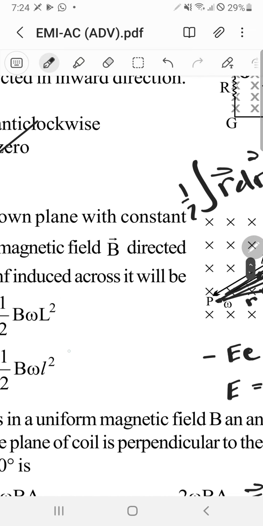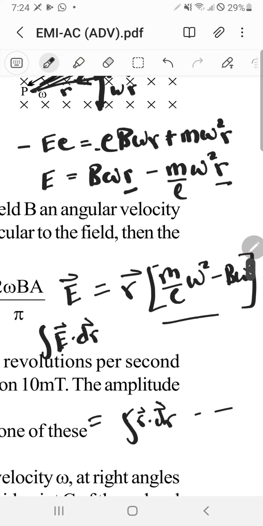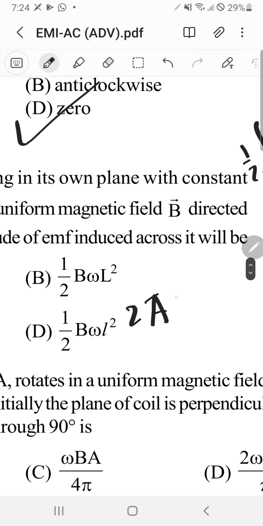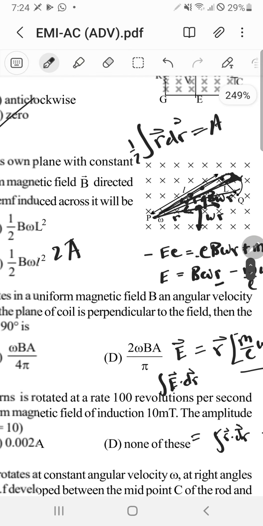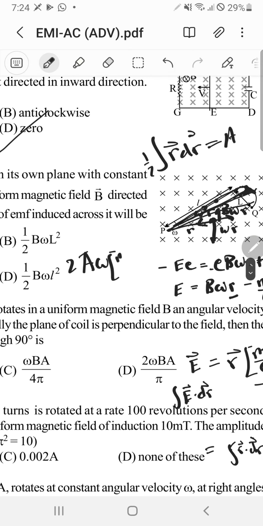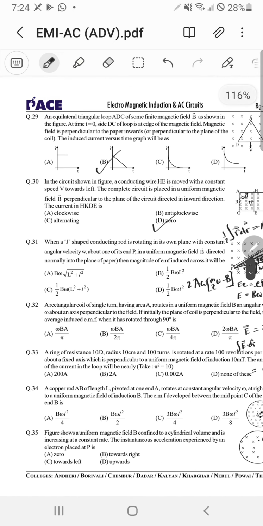So 2 times area, just say A times all that stuff. What was all that stuff? Omega m by e omega minus b, but that's not there.